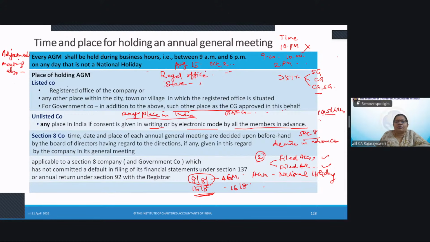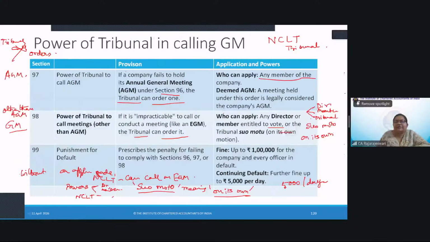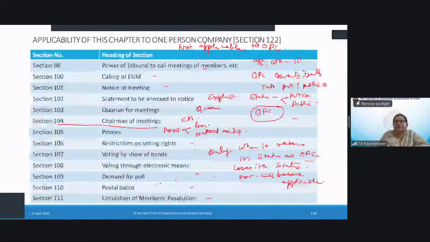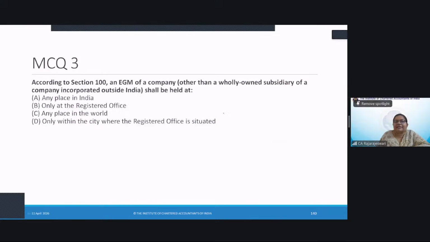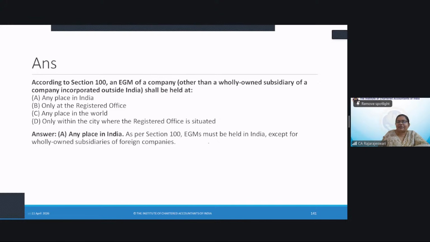So for holding an annual general meeting for an unlisted company, it can be any place in India, right? For an EGM, the Act specifically says that other than a wholly owned subsidiary of a company incorporated outside India. So then the rule says that it can be held in any place in India when the members consent.